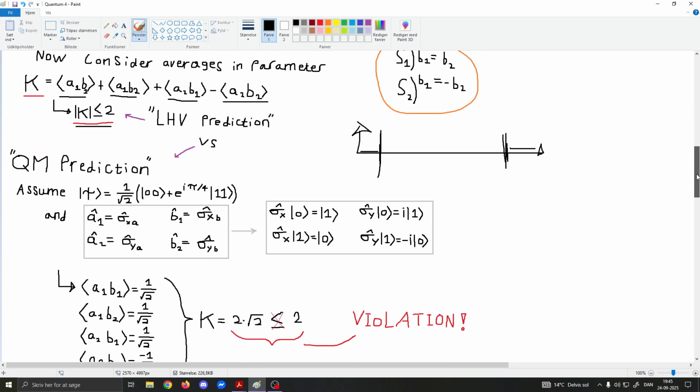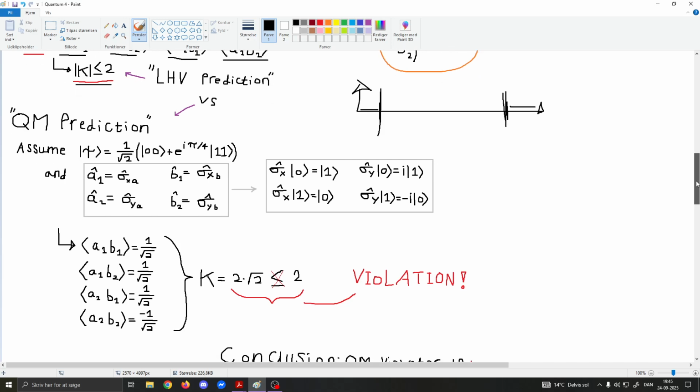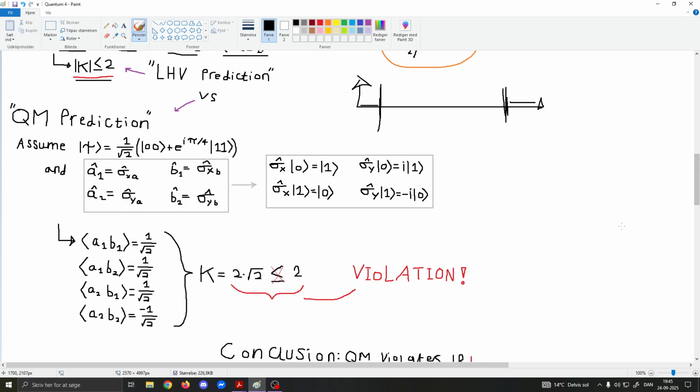Now, let us compare that with a quantum mechanical prediction. What does quantum mechanics say about what we can expect of correlations in measurements? To do that, because the laws of physics should be applicable to all states, we can't just assume some random state, so long as it's two qubits that are correlated.